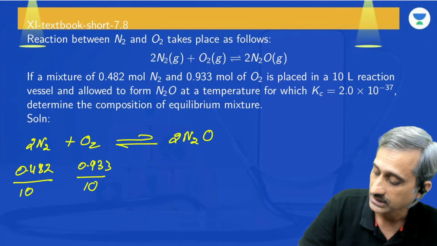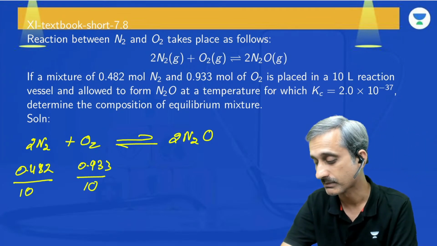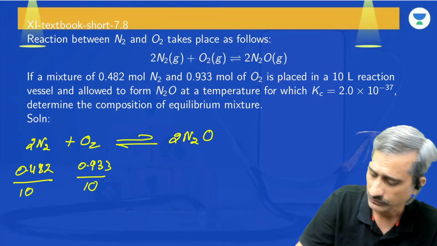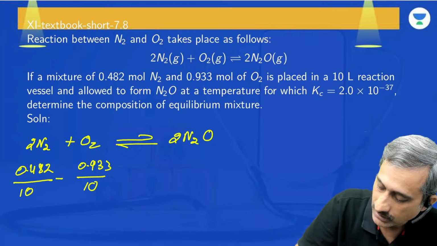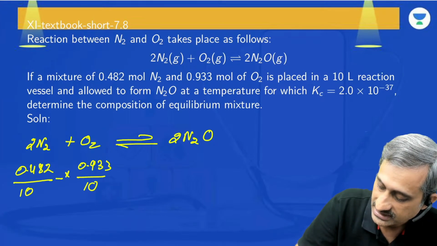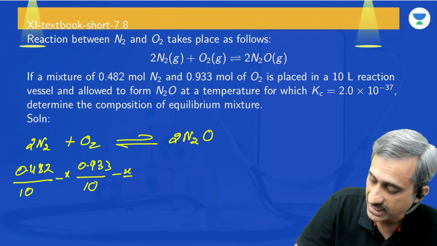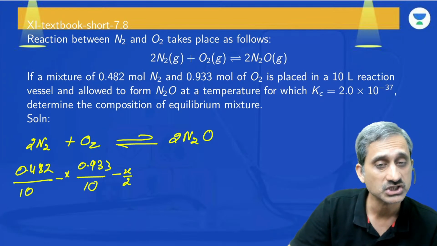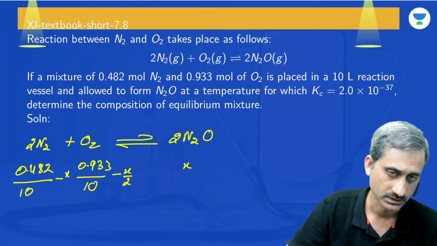It is allowed to form N2O at a temperature for which Kc is equal to 2 into 10 to the power minus 37. So what we'll find is that, let us say, X amount of N2 is consumed, so X by 2 amount of O2 will be consumed and X amount of N2O will be formed.